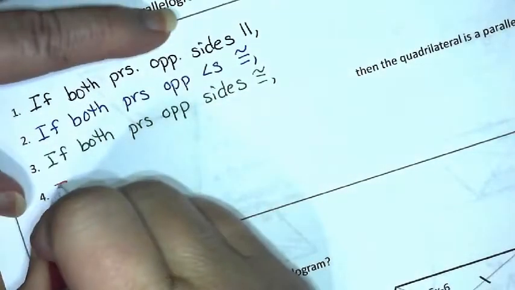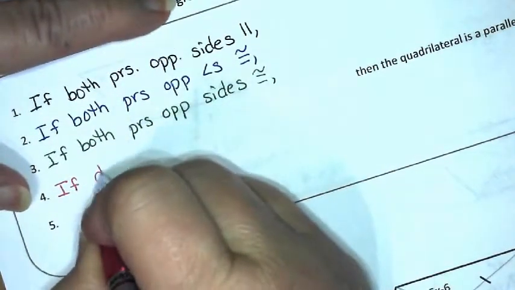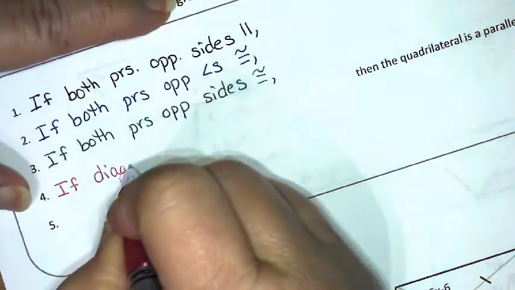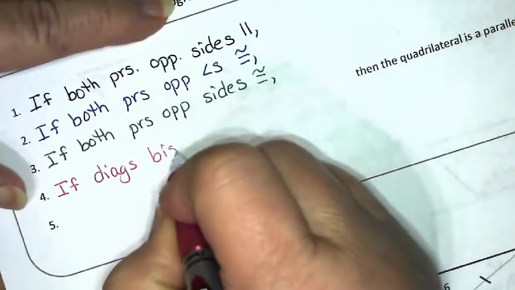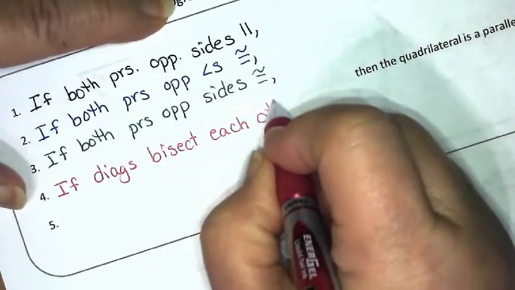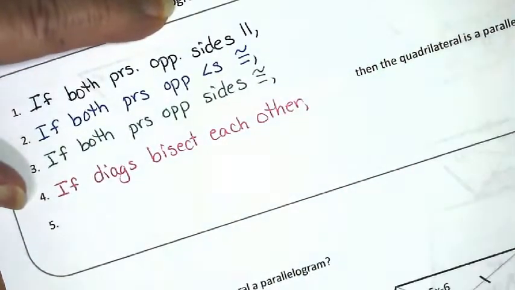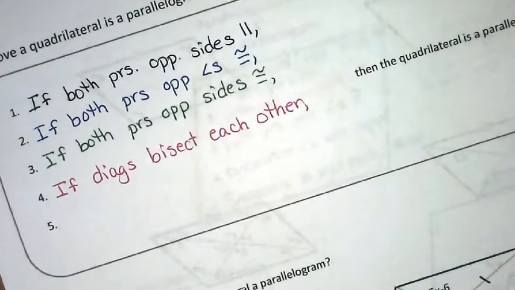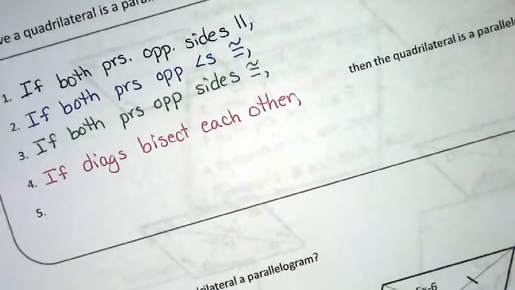If the diagonals bisect each other, then it's a parallelogram. So far you're saying these are the same things we just wrote. What's the deal? Here's the different one.